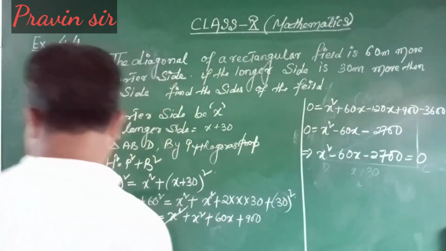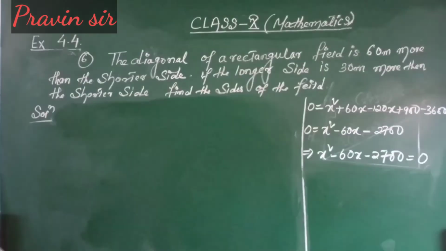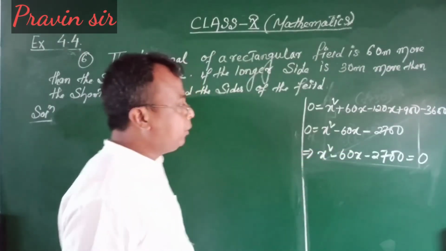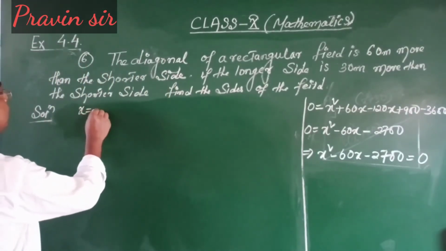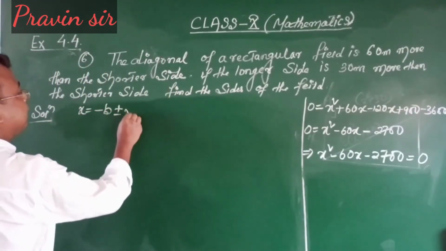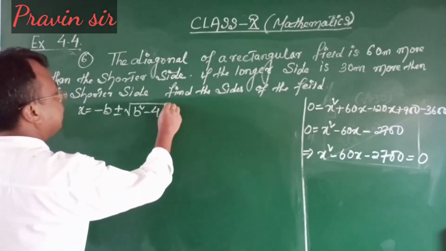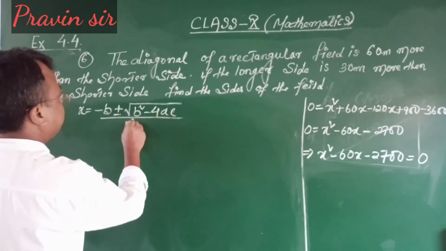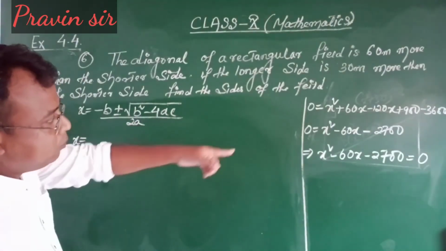Now this question is converted into a quadratic equation. Now we can solve it. x square minus 60x minus 2700 is equal to 0, using the formula x is equal to minus b plus minus root over b square minus 4ac, divided by 2a.